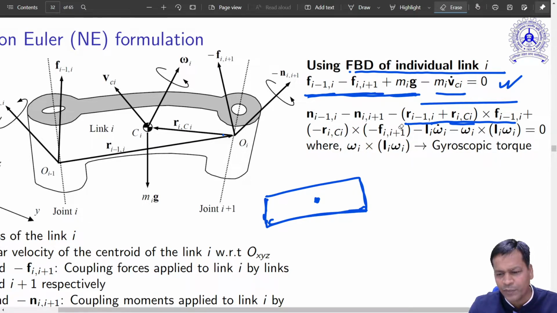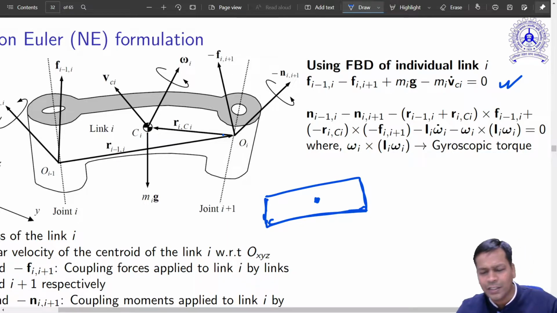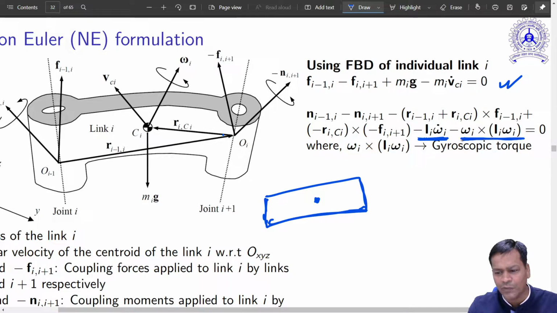The way you create force equals mass into acceleration in the top equation, first equation, over here the resultant moment will create I into omega dot, moment of inertia into angular acceleration. So this is the first term, and the second term, that is not so easily visible, that is also there, that is because of gyroscopic torque, omega cross I omega.